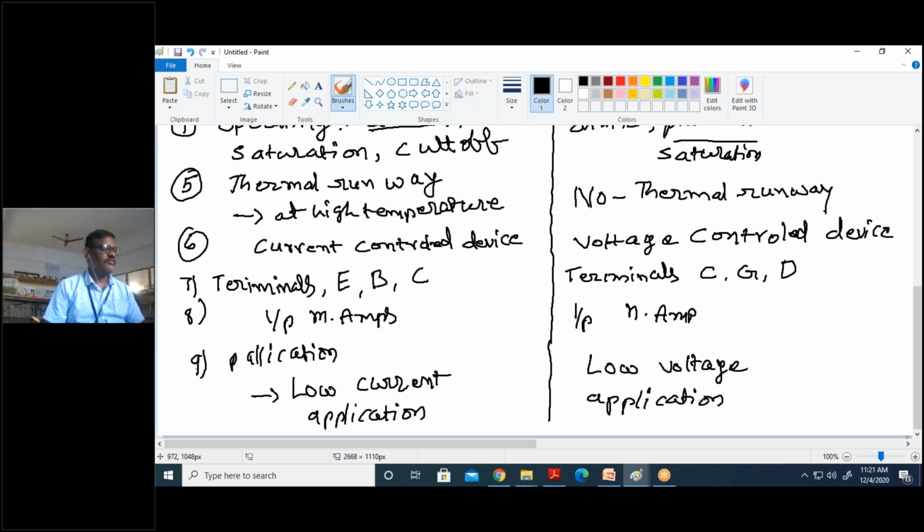These all are the 9 points of the comparison of BJT and JFET.